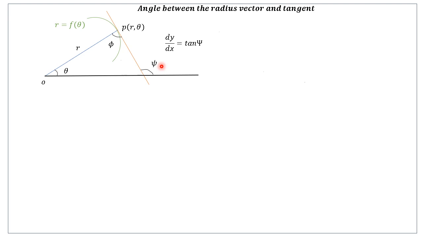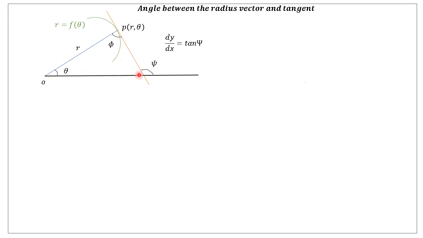Now, from the figure and basic geometry, we can see that psi is the exterior angle, which is equal to the sum of the interior opposite angles. Here the interior opposite angles are phi and theta.